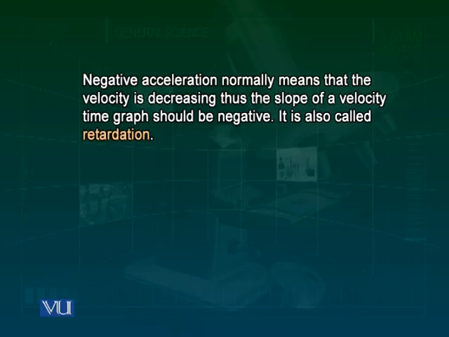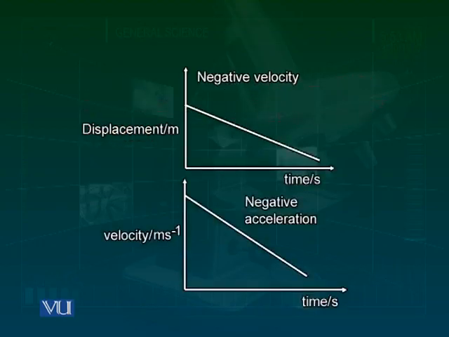In other words, velocity has to decrease with time, and the example which we normally quote is a car which is going to be stopping at a red light, its velocity is going to decrease with time, because it is going to move from an initial velocity to a lower velocity. On your slide, I have shown to you how a velocity changes with time. We are looking at constant acceleration and a constant negative velocity.